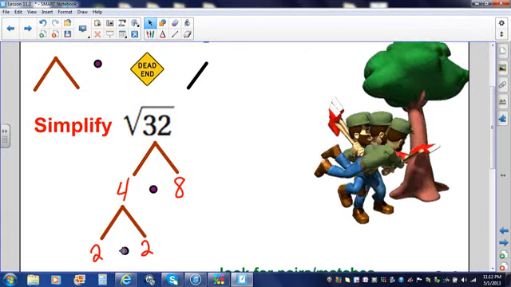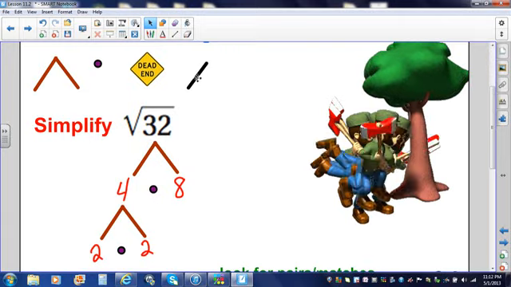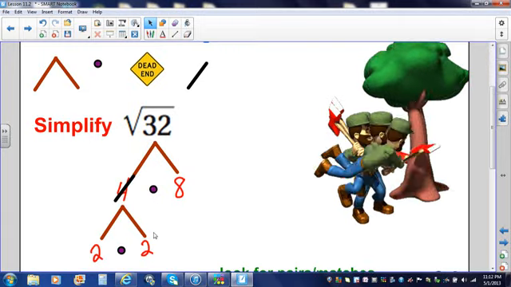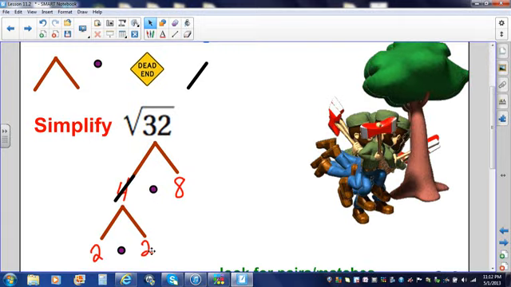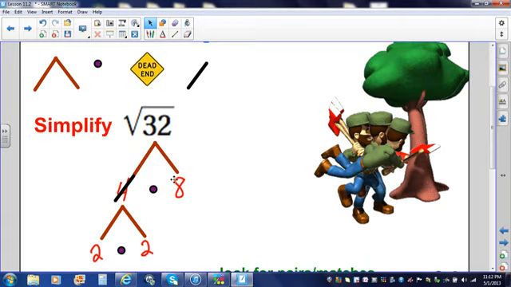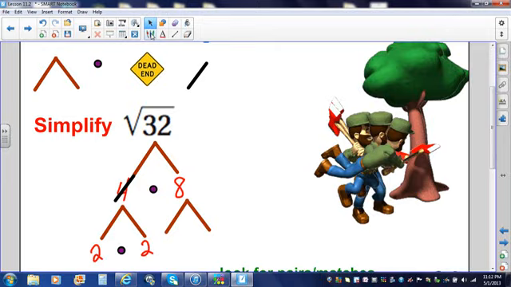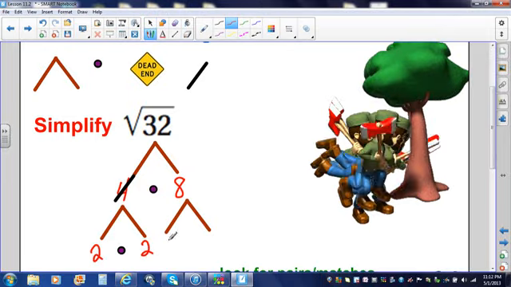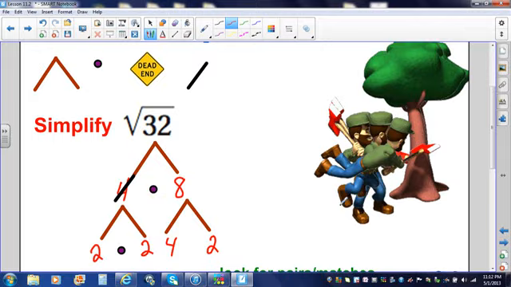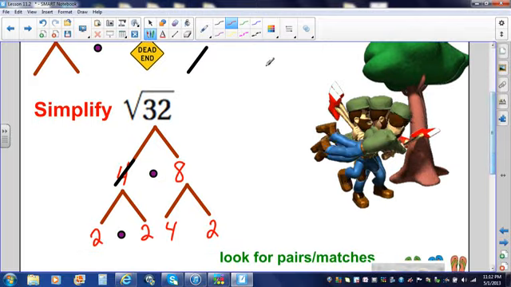And since 2 times 2 makes 4, I'm going to cross out the 4 because I have 2 times 2. It's the same thing. How can we make 8? Well, we can make 8 by saying 4 times 2 or 2 times 4.